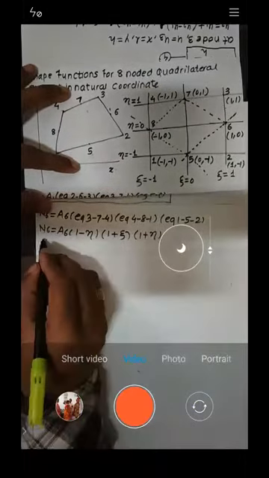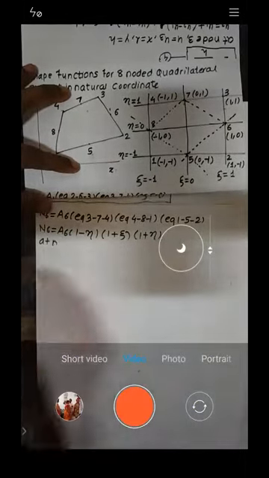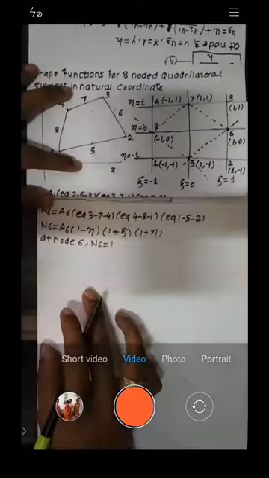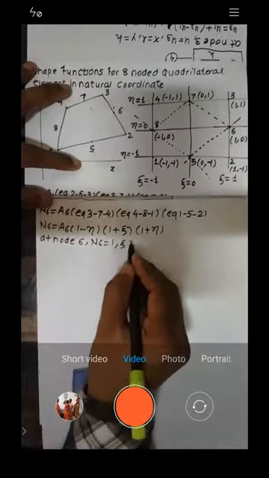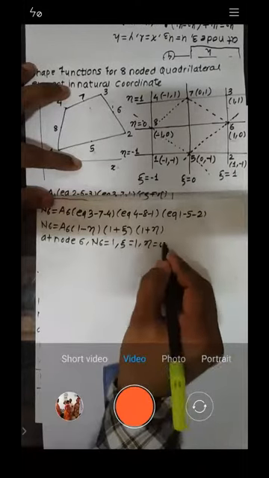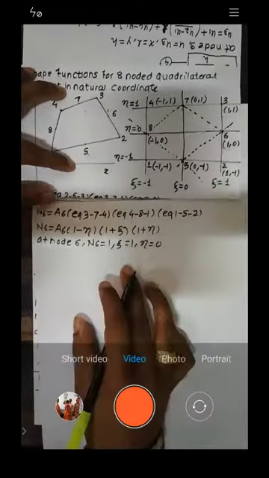So at node 6, obviously N6 is equal to 1. Then zeta is equal to 1, and eta is equal to 0.